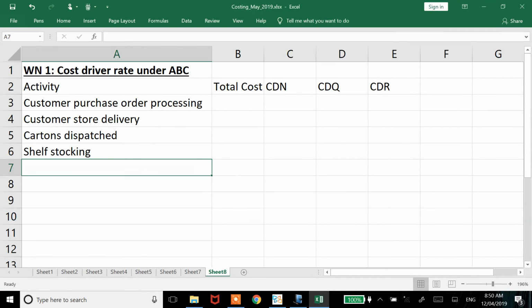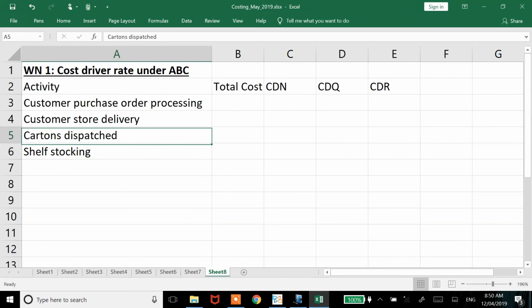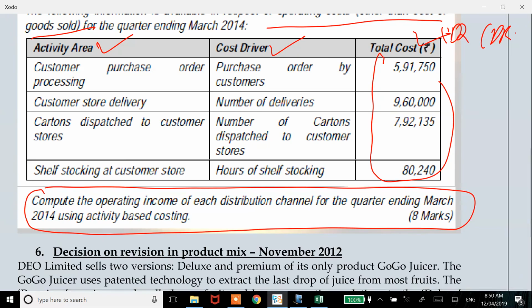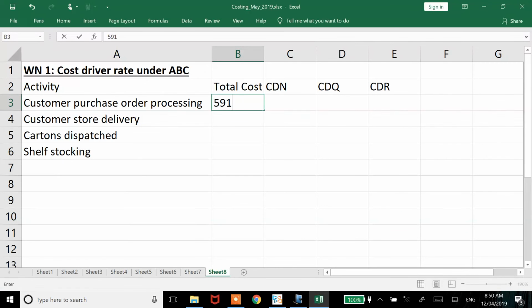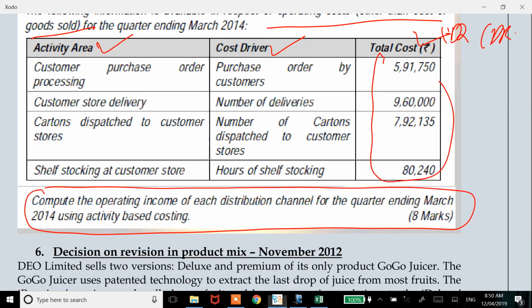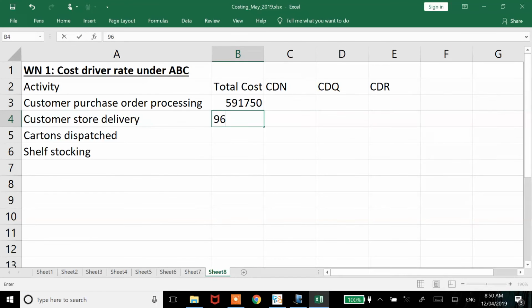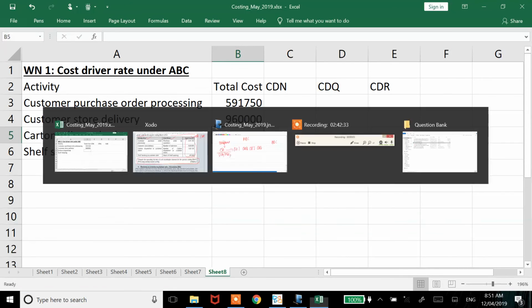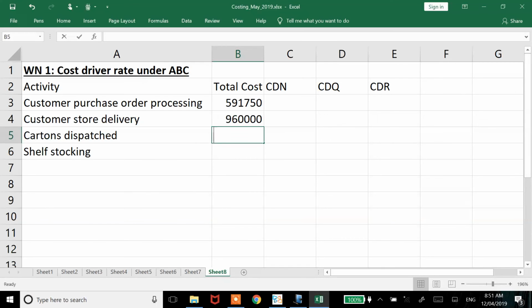These are the 4 activities given in the question. $591,750, 9,60,000, 792,135, 80,240.